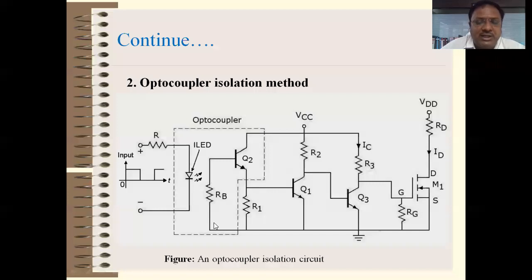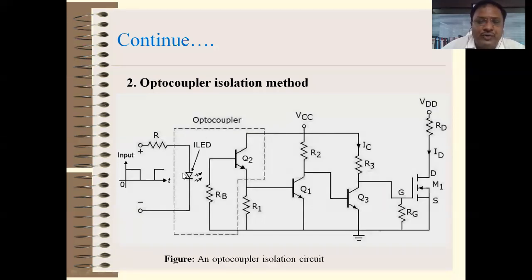See, in this particular circuit, suppose this M1 gate is damaged. Definitely what happens, the gate current flows through Q3, then Q1, then Q2, and all these three transistors may be damaged due to the large current flowing through the gate. But still, because of this optocoupler, it means light falls on the base of the transistor, only at that time the transistor turns on.